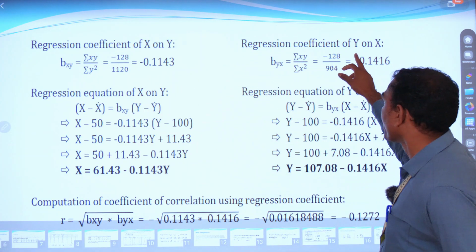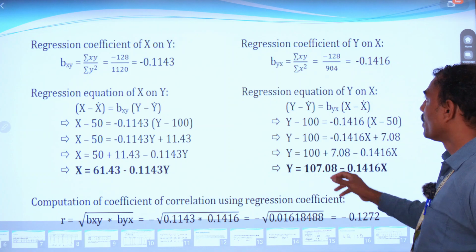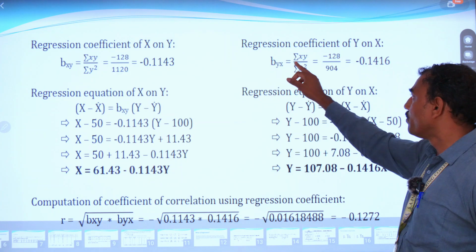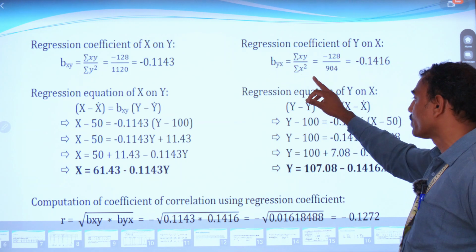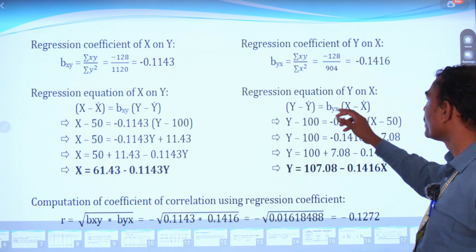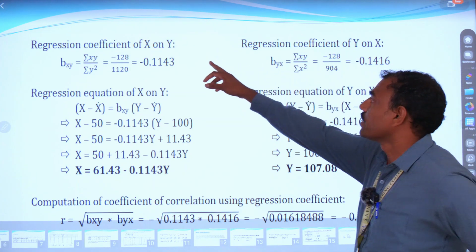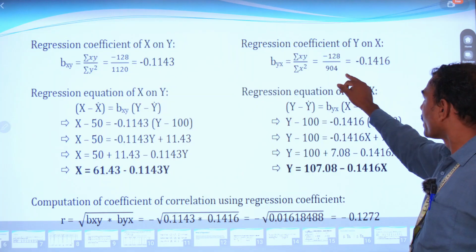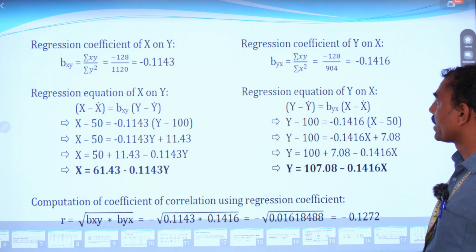Next find the regression coefficient of y on x. The formula is byx equals summation of xy divided by summation of x square, which is minus 128 divided by 904. So the value is negative.